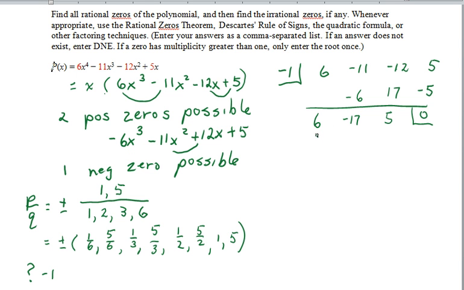We can use the quadratic formula where a is 6, b is -17, and c is 5.